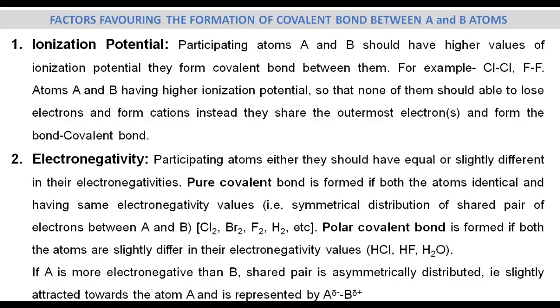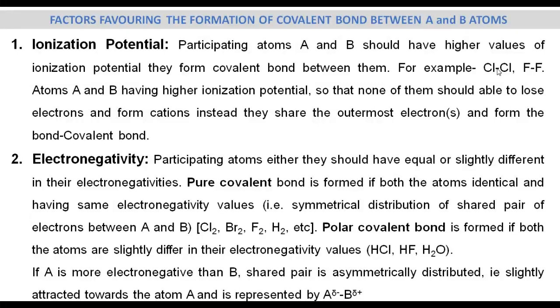The ionization potential of the participating atoms A and B should have higher values, then it is easier to form the covalent bond. For example, chlorine has a high ionization potential, so it is very difficult to take electrons from the outer shell of chlorine.